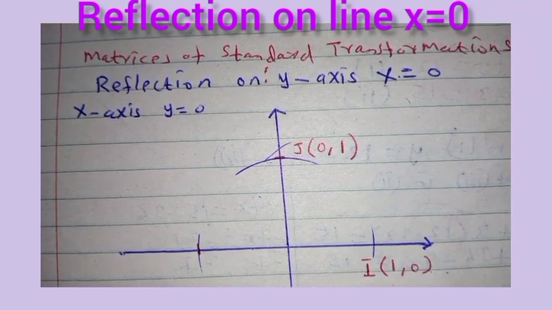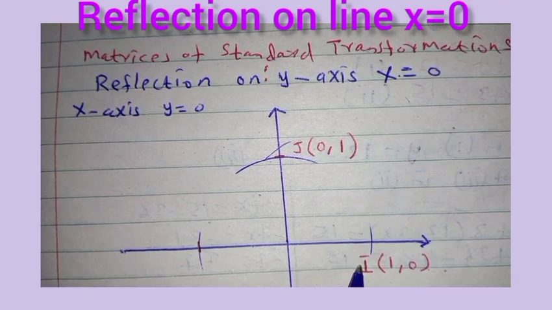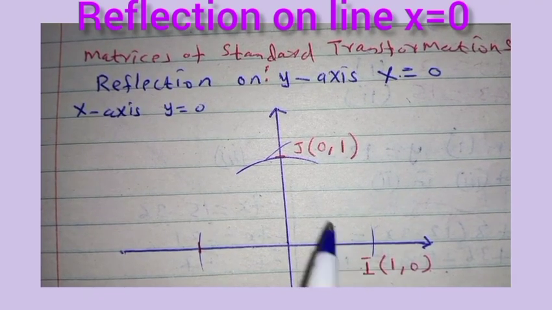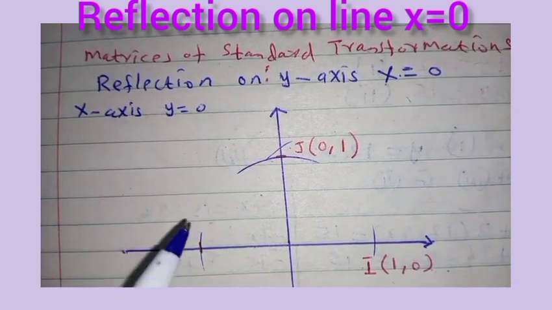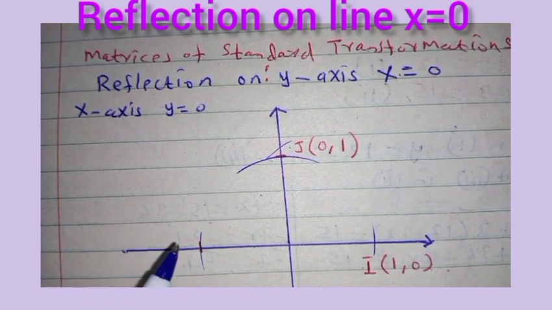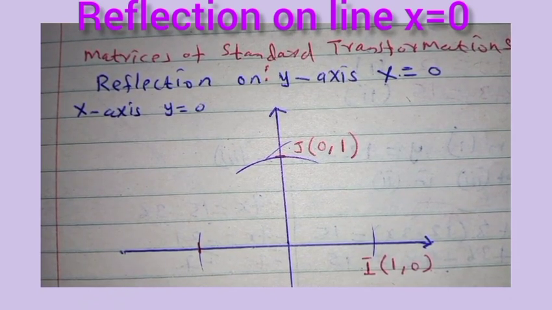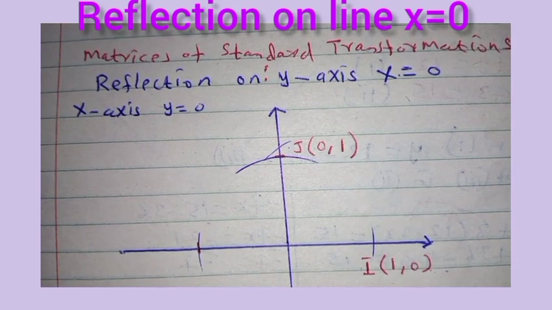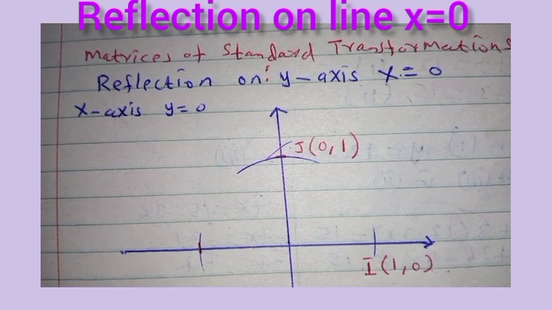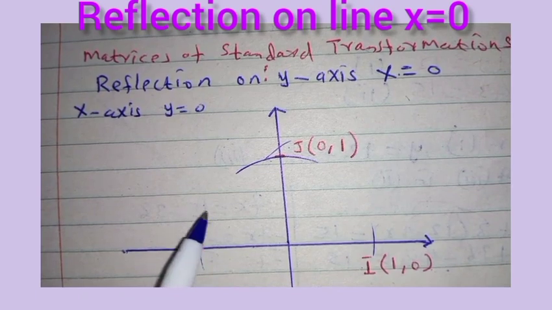We are going to consider the images of I and J to obtain matrices of standard transformation. We are going to consider eight of them, and we want to begin with these two here.